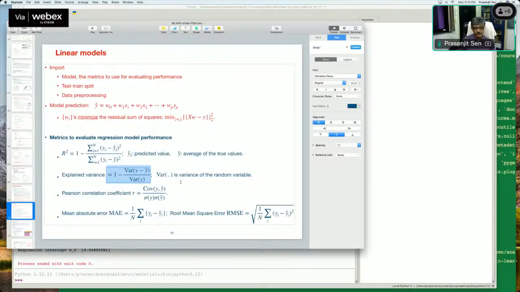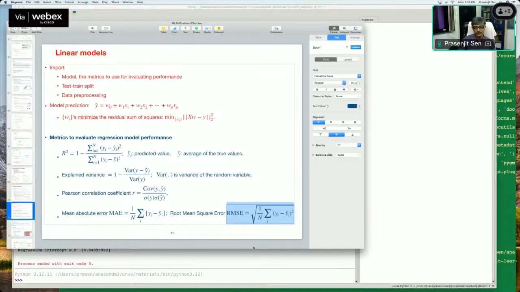Pearson correlation coefficient is just the usual definition in statistics. Mean absolute error is the average of the absolute deviation between the predicted and the true values. Here it's the root mean squared error, so you take the mean of the squared errors and take a square root of that.